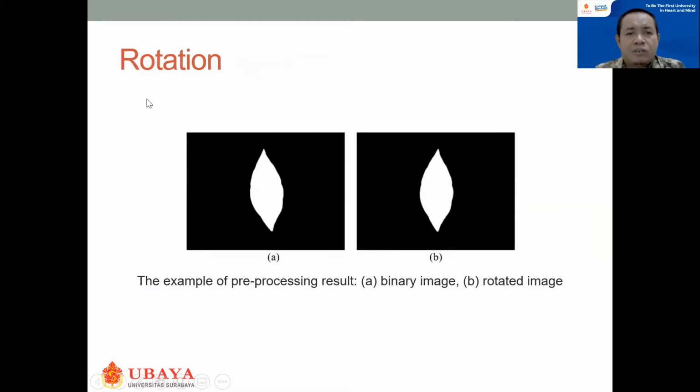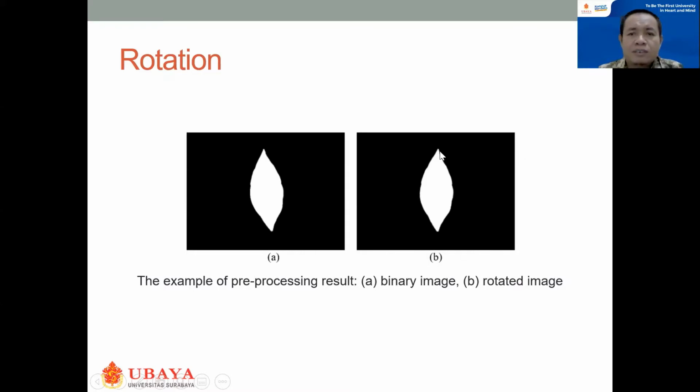Next step is rotation. The original binary image is rotated such that the major axis and the minor axis of the leaf are parallel to the horizontal and vertical axes of the image coordinate.